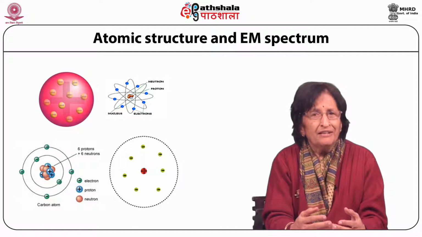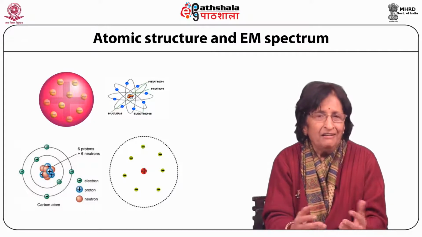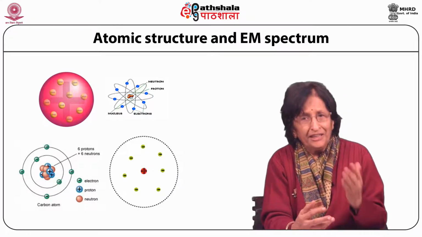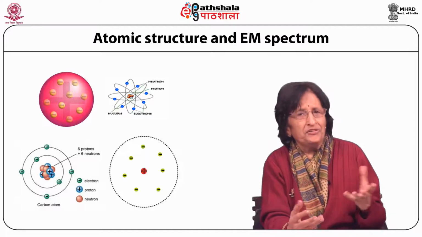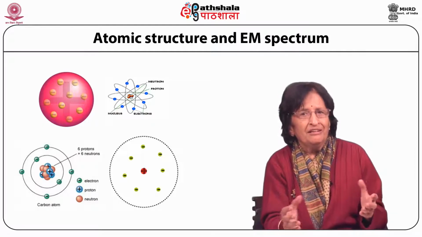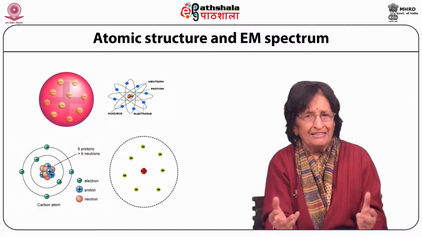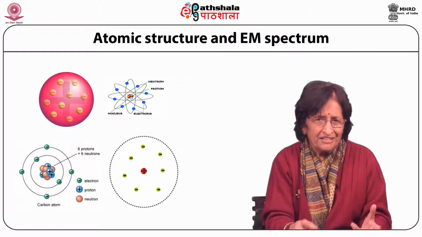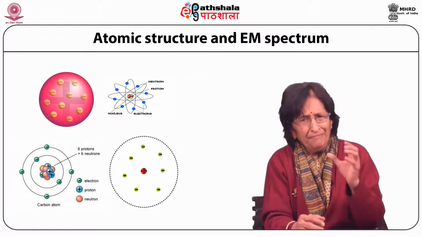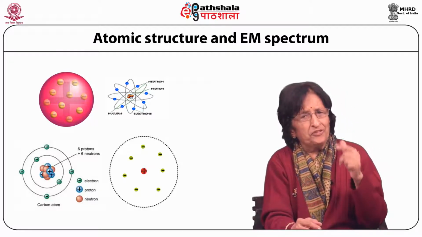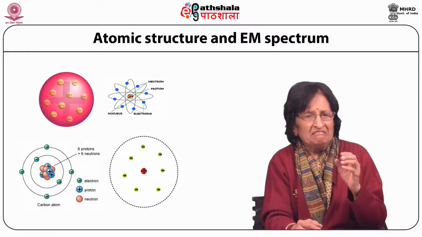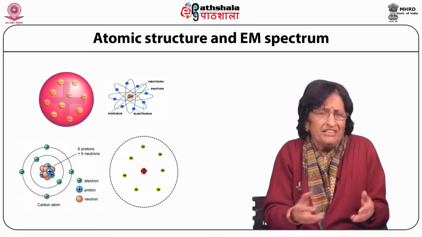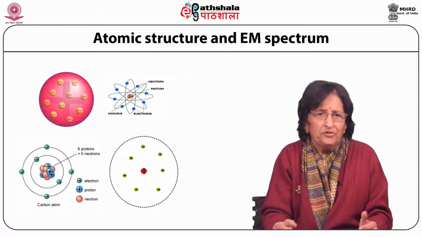So the first atomic model really was proposed by Rutherford, and he was doing some studies on discharge through gases, and then he just suggested that the atom has a central positive charge nucleus, but the rest of the atom is almost empty, so you don't see anything.